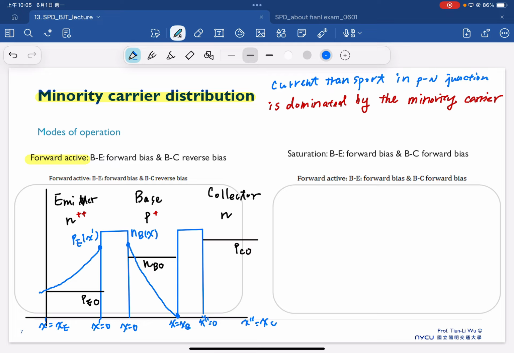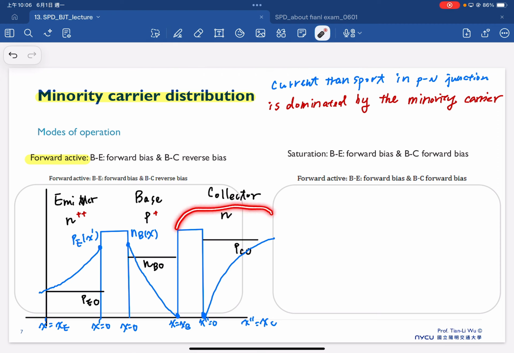So the starting point here will be equal to 0, and then it gradually reaches back to P_C0. That's what happens in the collector region.